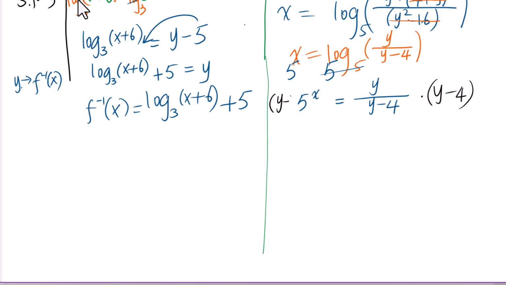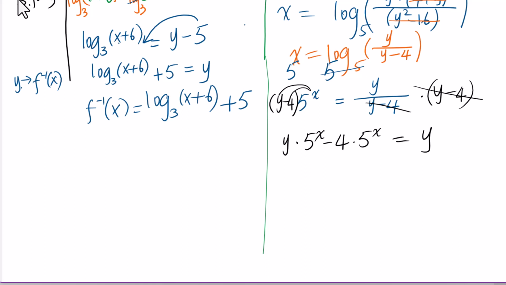Whenever you see a denominator, just try to get rid of the denominator first. Distributive property. y times 5 to the x power minus 4 times 5 to the x power equals y.